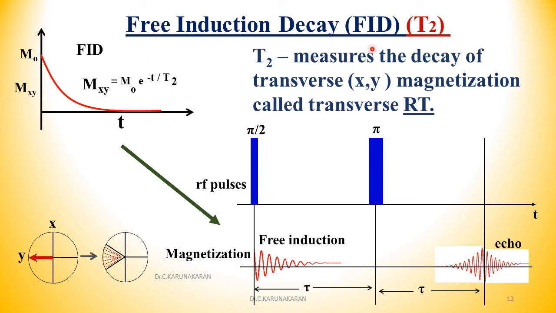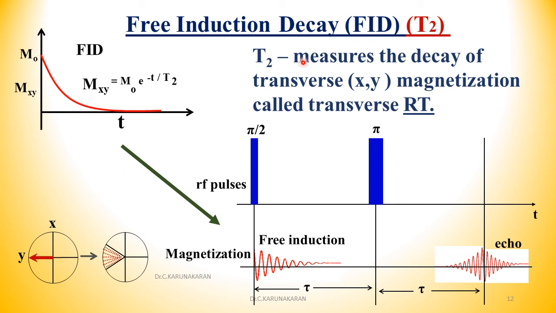Here, T2 is nothing but the spin relaxation time. How is it obtained? It is obtained from the free induction decay, FID. We have already seen the free induction decay.